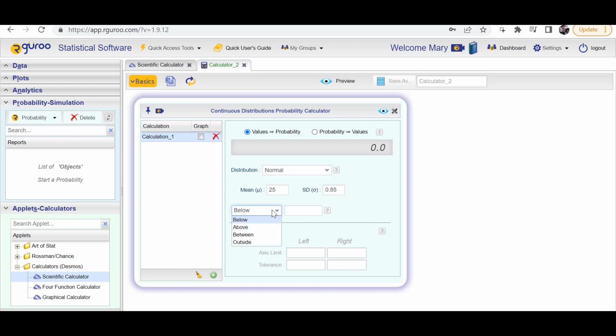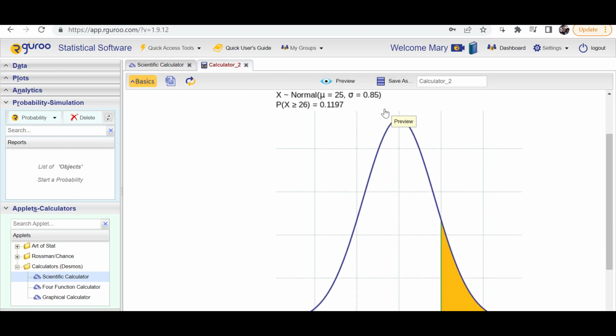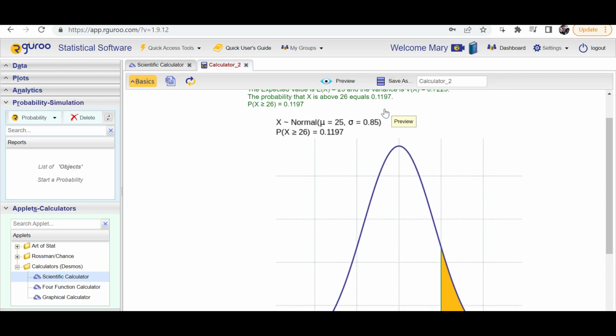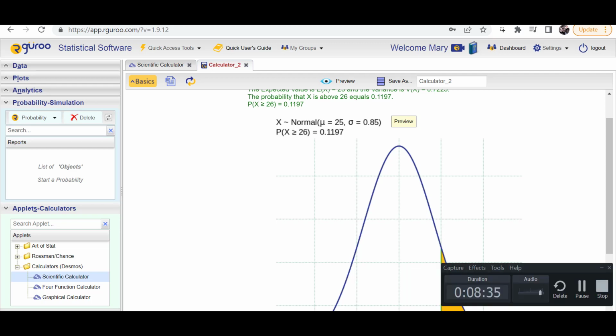And then we're finding the probability that it is above 26. And you can graph it if you want. And the probability that it is above 26 is 0.1197.